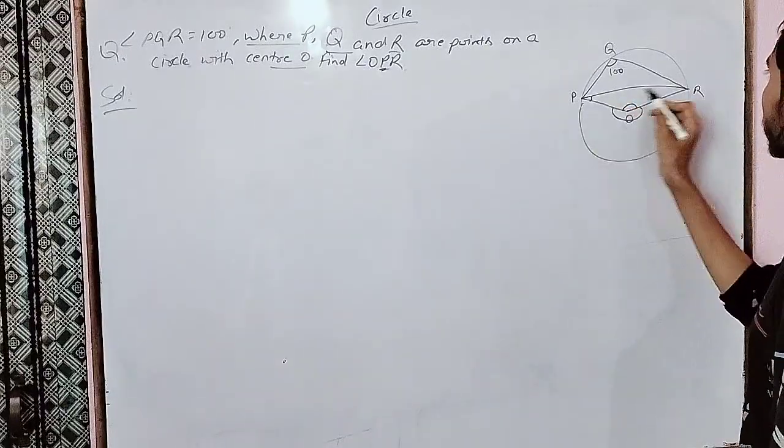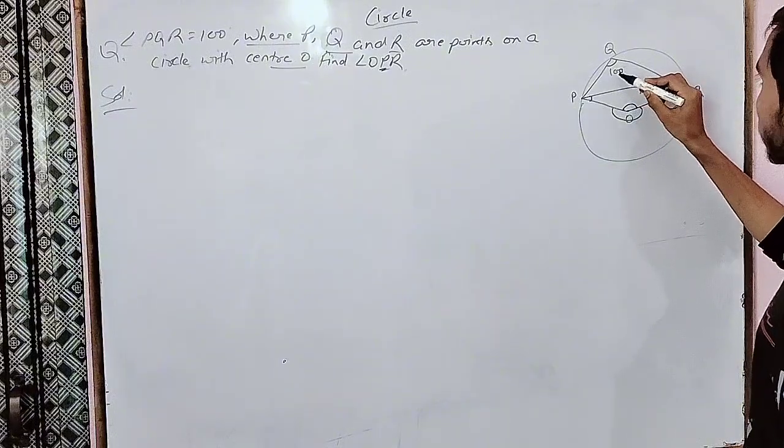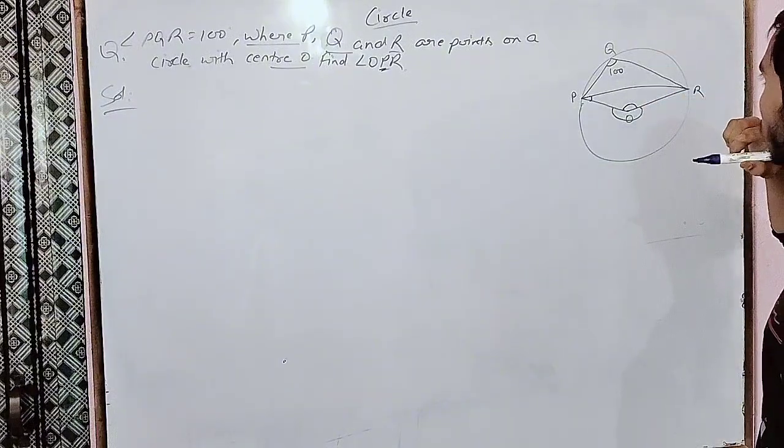Now here this is a chord, and the angle subtended forming a triangle is in the minor segment.